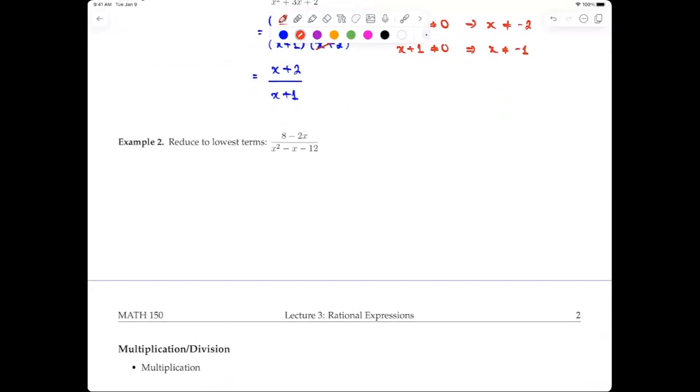Example 2, again, you factor the numerator and the denominator before you make any cancellations. On the numerator, the common factor is 2, so you're left with 2 times 4 minus x.